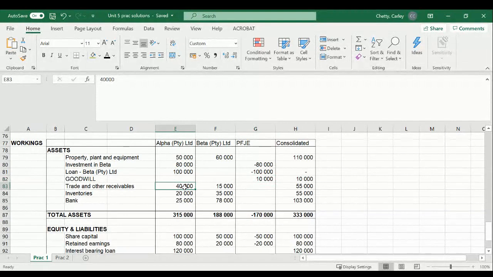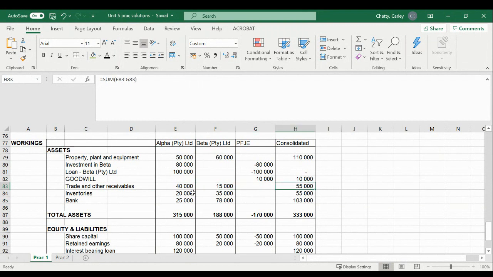Then let's have a look at the trade and other receivables. So Alpha had trade and other receivables of 40,000 Rand in its separate financial statements. Beta had 15,000 Rand in its separate financial statements.